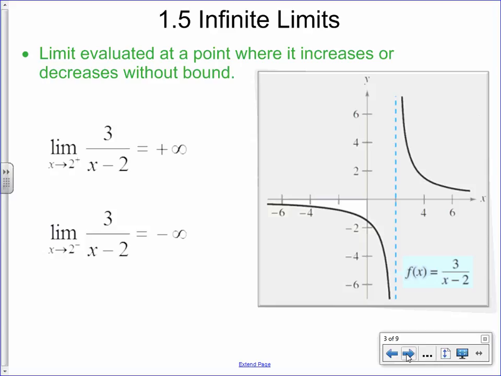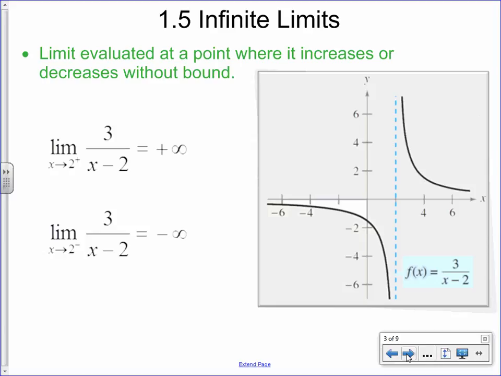Okay, so here we have the graph of 3 over x minus 2. What is happening at x is 2? There's an asymptote. So if we talk about the limit as x approaches 2, it doesn't exist because it's unbounded. If we look at the limit as x approaches 2 from the right, it is unbounded in the positive direction.